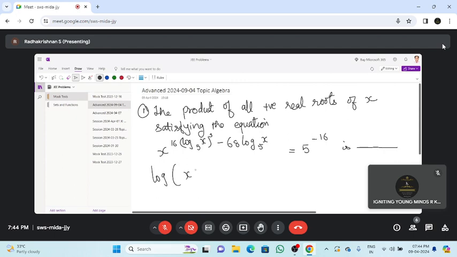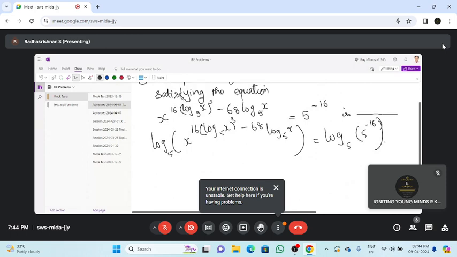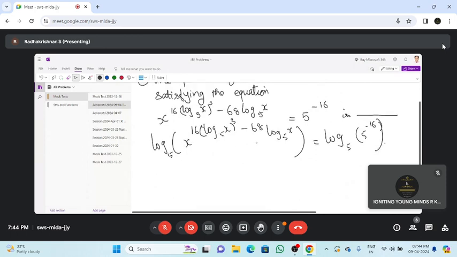Log of x to the power of... We can take log to the base 5, but since the problem has 5 given everywhere, in this side, if you take log, what will you get? First step, can you tell me what did you get?